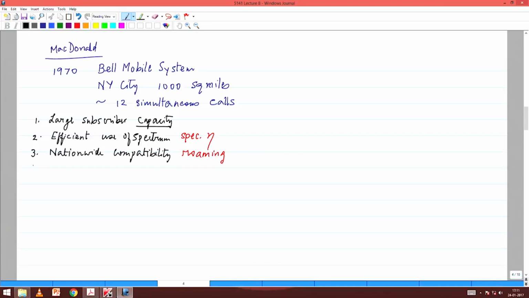The next requirement was widespread availability. Availability is a term which says that when I want to access it, the system must be able to accept me. This would be, in our terminology, coverage.